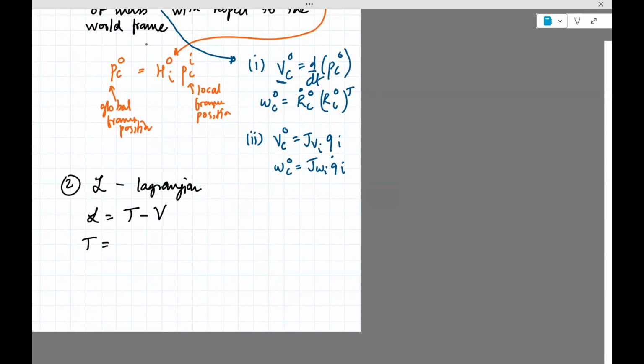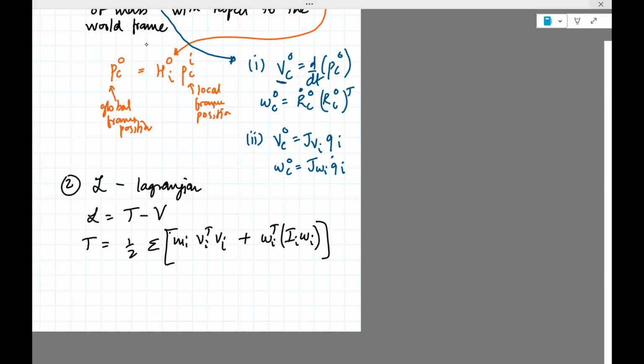It is half the summation of mi vi transpose vi plus omega i transpose I omega i. Remember that m is a scalar, but I is a matrix, a 3 cross 3. So you need to do I times omega i, which will give you a 3 cross 1 vector.